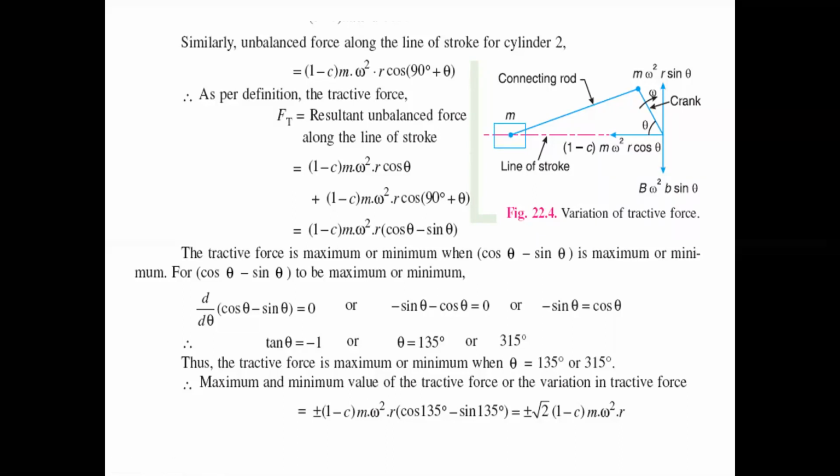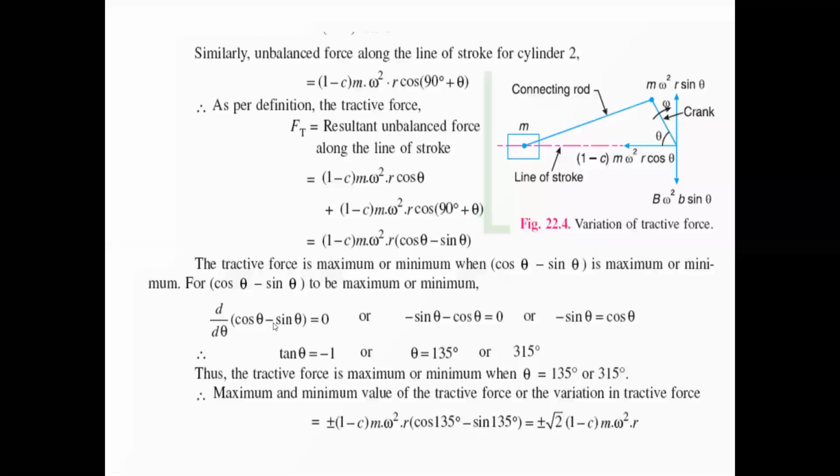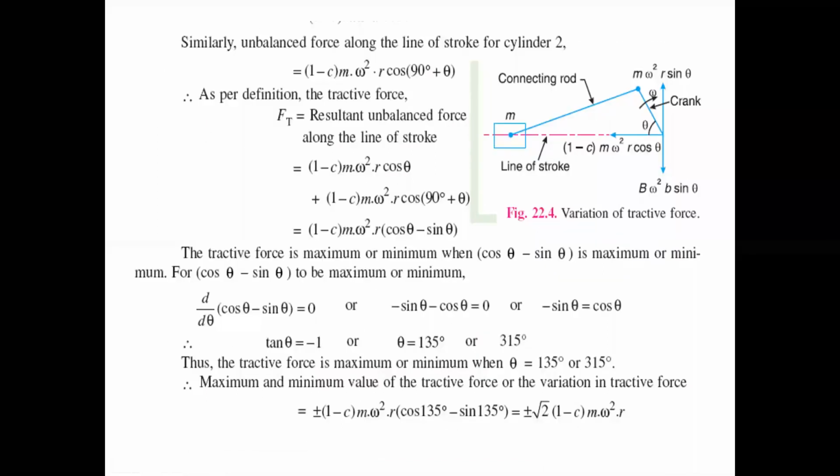For the maximum and minimum values, differentiate the theta terms: d by d theta of (cos theta minus sin theta) equals 0. The differentiation of cos theta is minus sin theta, and of sin theta is cos theta, so minus sin theta minus cos theta equals 0. From this, tan theta equals minus 1.